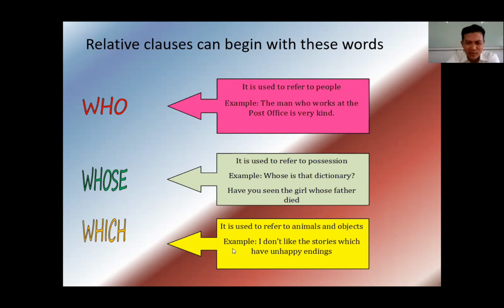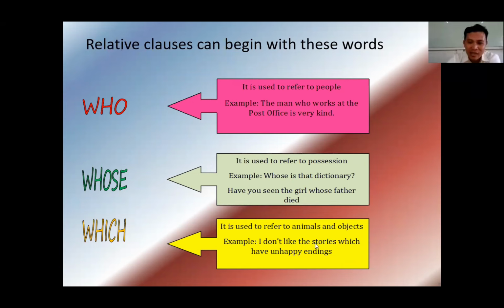Example: I don't like the stories which have unhappy endings. Do you find people here? Stories: is it people or thing? Thing, right? It's a thing, not people.